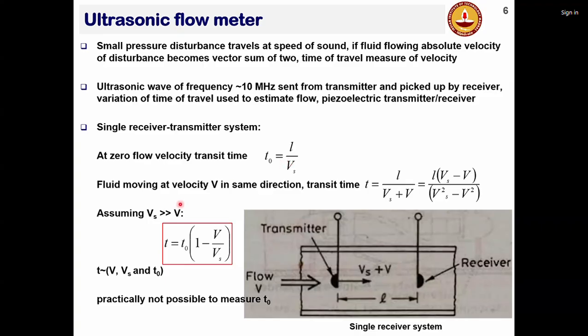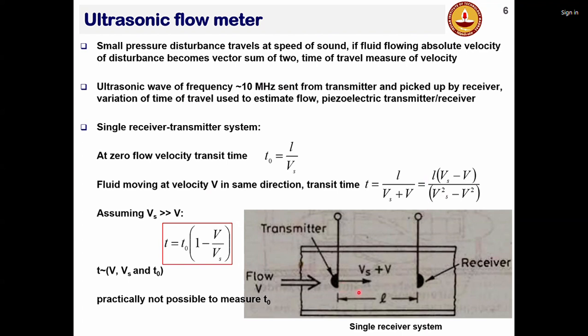And now if the fluid is moving at some velocity V, then the transit time is going to reduce, and the transit time is going to be L divided by Vs plus V. So you can do some mathematical adjustment. You can multiply by Vs minus V on numerator and denominator. So this becomes L into (Vs minus V) divided by (Vs square minus V square).